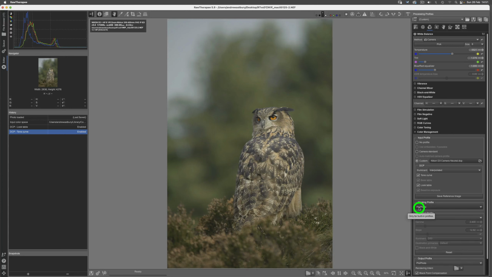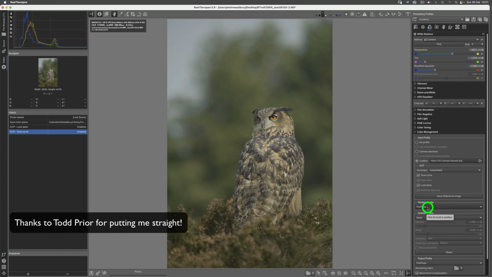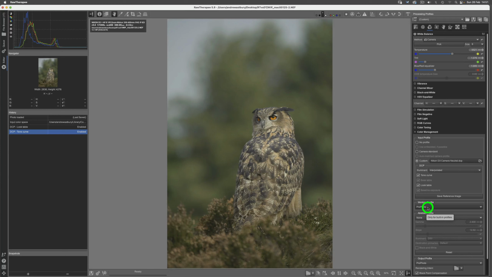Little caveat here, the previous video I uploaded, which was me prattling around inside of Darktable, I did suggest changing the working space or working profile to ProPhoto. I will be doing a video on this a little bit later this week on my revised setup of Darktable. But the thing is, ProPhoto is not a linear gamma profile. It has a natural gamma of 1.8. But it doesn't really matter what profile you have set inside RawTherapee.